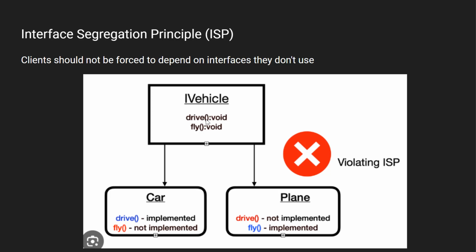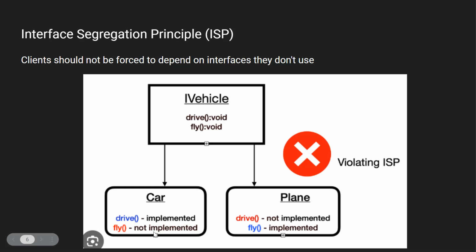But then if we extend that into different classes, and we're inheriting the IVehicle class, we're able to implement the drive function here, but cars currently aren't flying in 2024, so we can't exactly implement the fly function here.